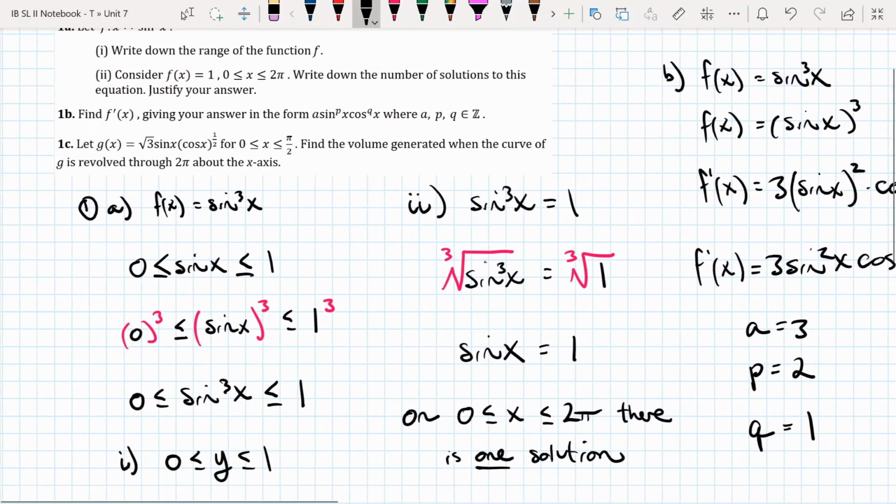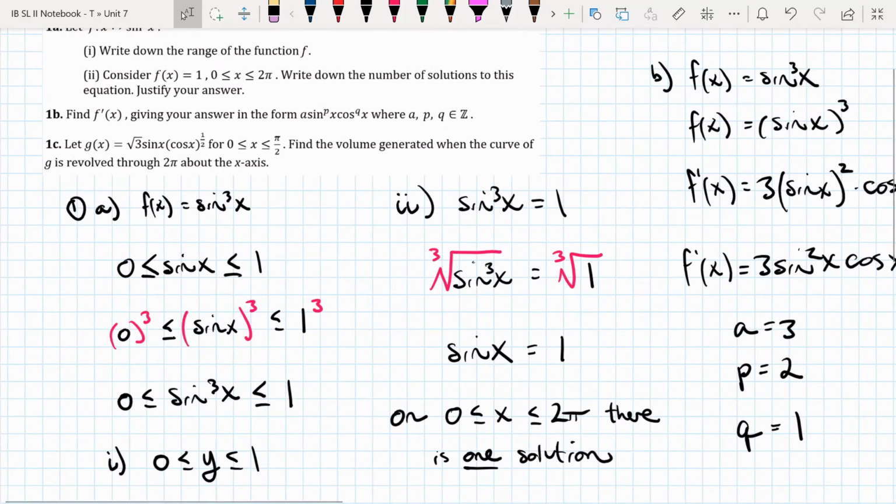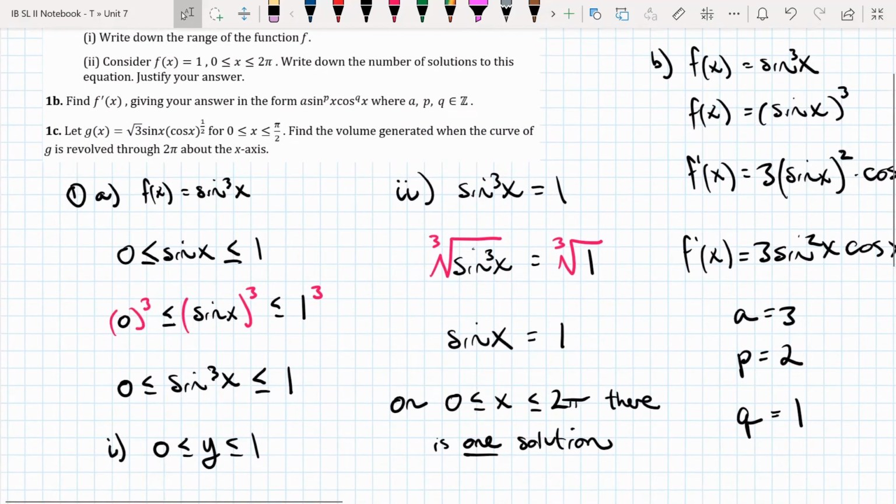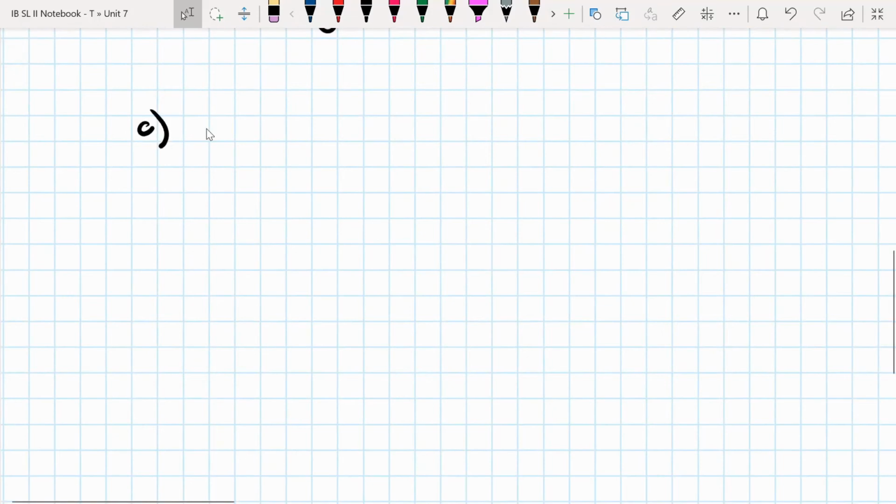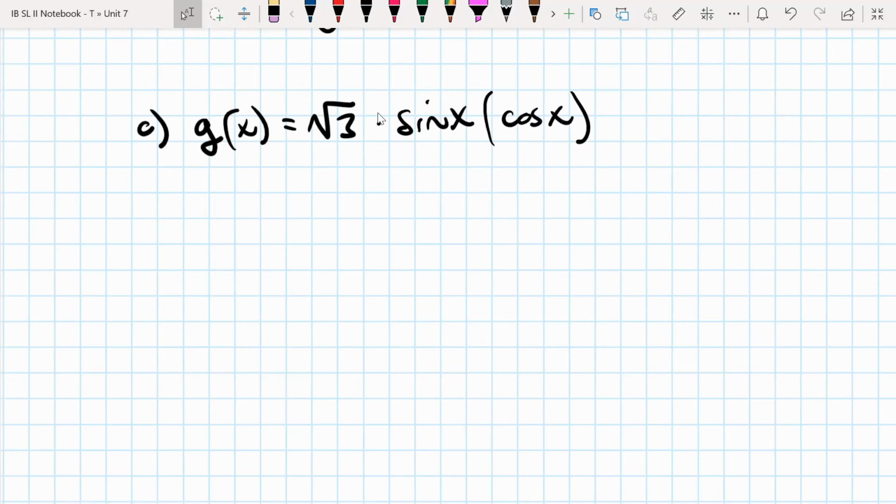All right, and the last question is the applications of integrals question. So let's say we have g of x, and g of x is equal to the square root of 3 times sine of x times cosine of x to the 1/2. The question is basically asking us to take this function from 0 to pi over 2 and rotate it around the x-axis.